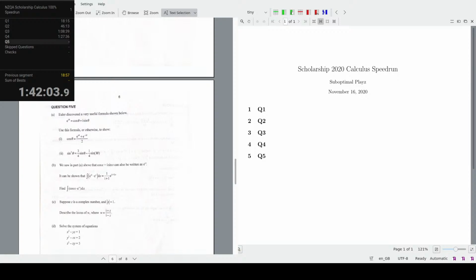So you just get negative ix minus y plus 1 minus x squared plus ixy minus ix minus ixy minus y squared plus y. Right.